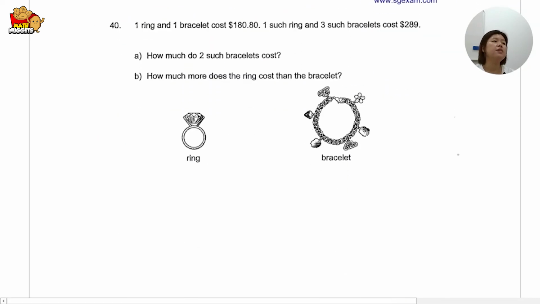A ring and a bracelet cost $180.80. A ring and 3 bracelets is $289. So if you can see, 1 ring and 1 bracelet, so I can put here 1 ring plus 1 bracelet is equal to 180.80, and 1 ring plus 3 bracelets is equal to 289.